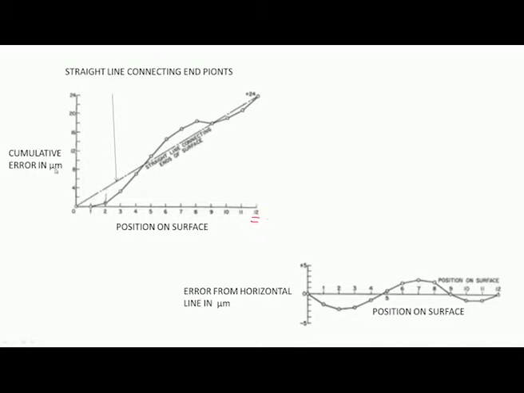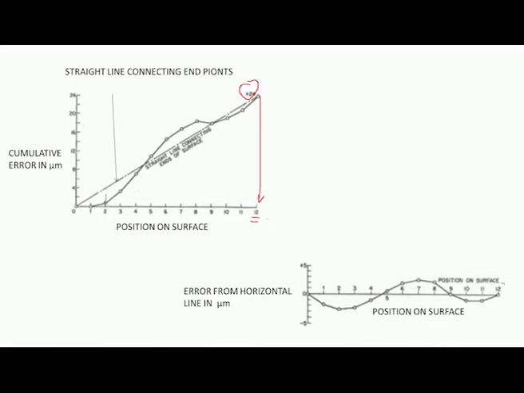Okay, so the cumulative error in terms of microns. We can see the last reading is plus 24 micron. Now, the least square method we can apply to this, and then we can find the error. And in another graph, this can be brought down to 0 by adding the adjustment factor.